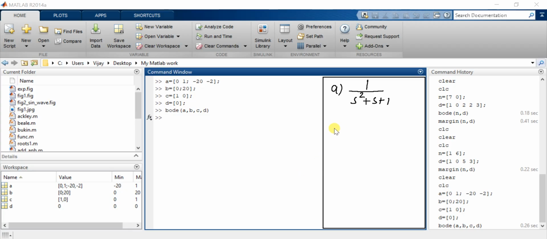Second example, B, is s plus 2 upon s square minus 1. Third example, C, is 1 upon s square minus 2s plus 3. Let's try to make the Nyquist plot for these examples.